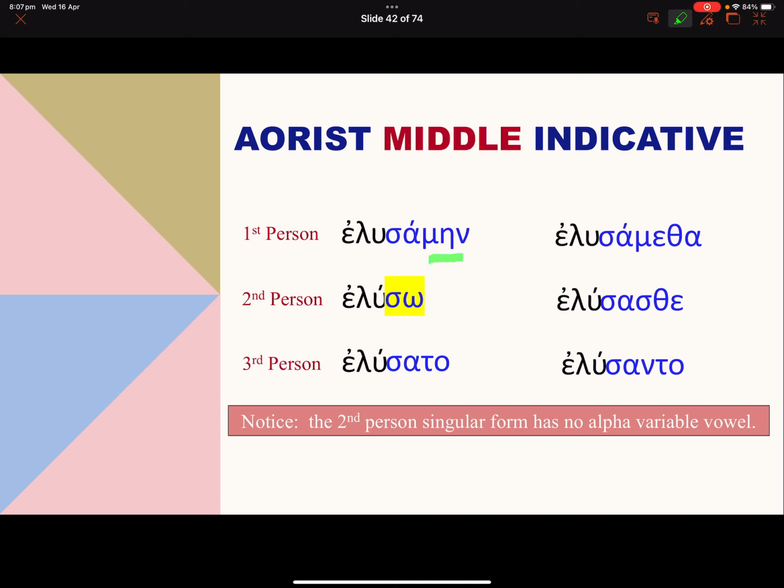Elusamēn, that's typical. Elusō, this is actually the one that stands out as quite different. Elusato, elusametha, elusasthe, elusanto. So those endings, apart from our second person singular, which is where we would normally have an u, it lengthens to the omega. It lengthens to the omega.